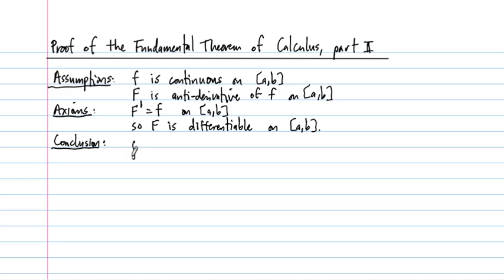And the conclusion is that the integral from a to b of f of x dx, so the integral of little f on this interval, is just equal to the difference of capital F of b minus capital F of a. So we evaluate capital F at the endpoints of the interval, and we don't have to actually integrate over the whole interval. Well, this is saying that we do integrate, but we just do it by evaluation. Remember that this half of the fundamental theorem is called the evaluation theorem.